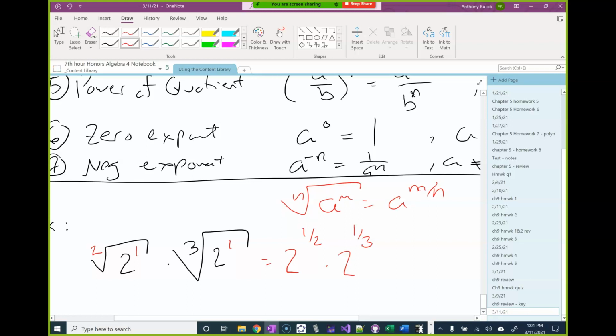Everybody okay with that? So here the n is 2 and the m is 1. This one the n is 3 and the m is 1. So if I use my product property, that means I really have 2 to the 1/2 plus 1/3.